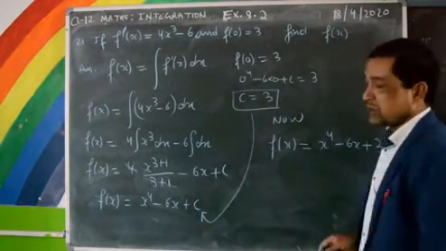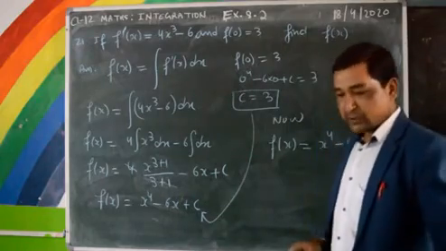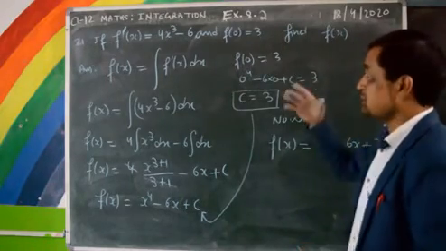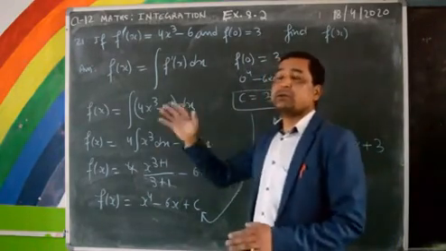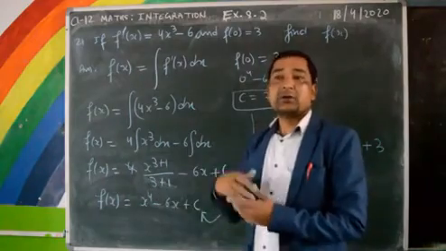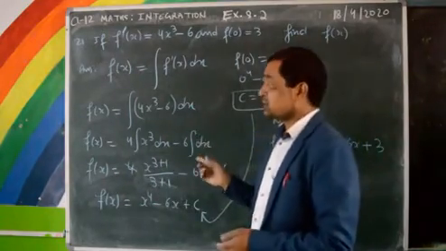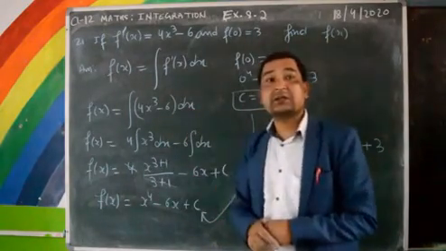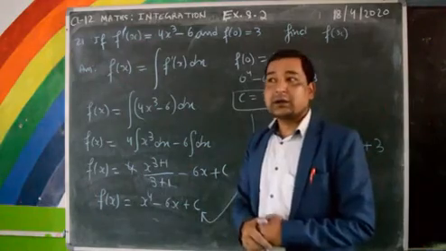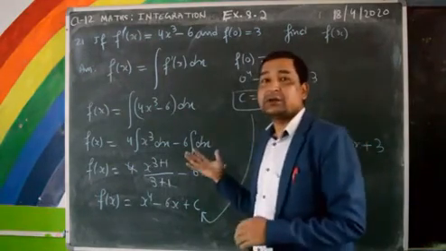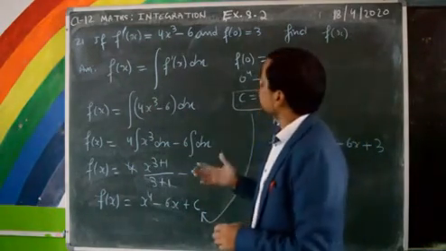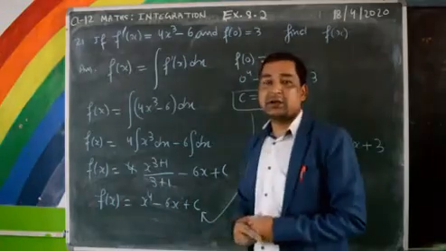Plus 3. This way you have to find the function from a differentiation equation. If the differentiation equation is given, and the question asks to find the main function, then do the integration, because differentiation and integration are related to each other. Integration is the anti-derivative.